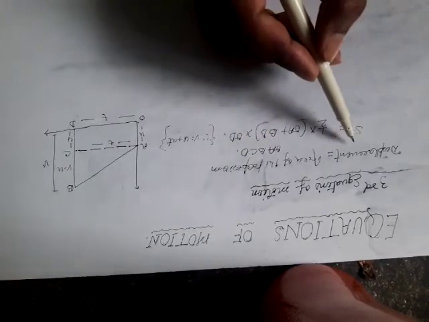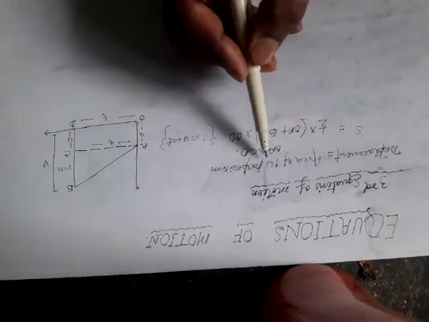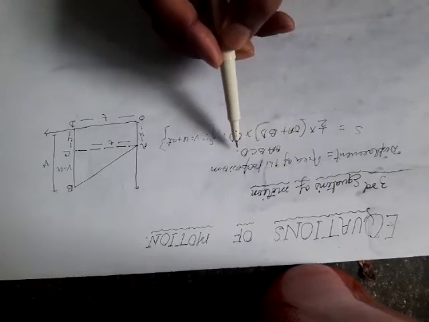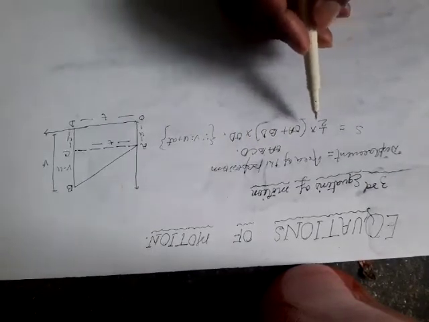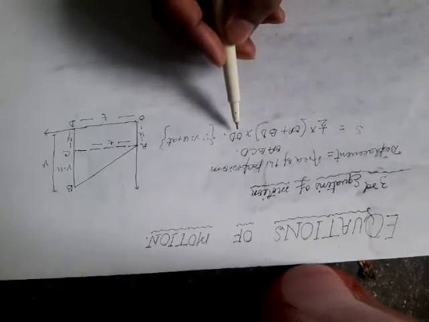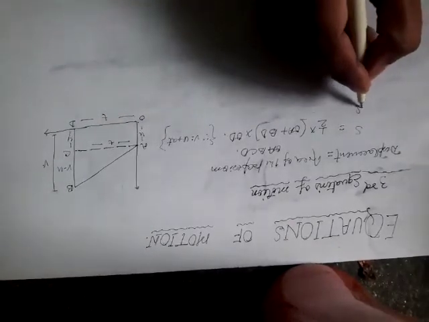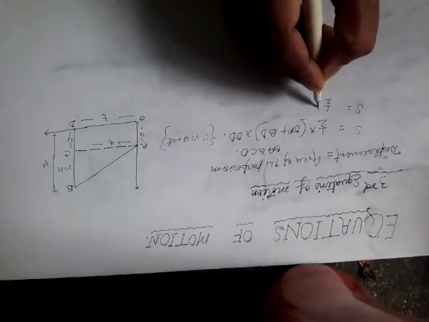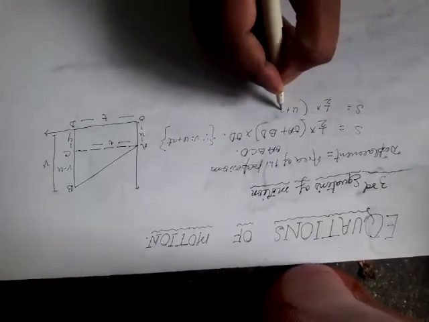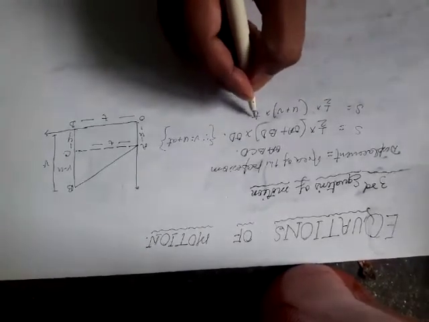So displacement is equal to the area of the trapezium OABD, that is s equals 1/2 sum of parallel sides into perpendicular distance OD. So we write s equals 1/2 into u plus v into time t.